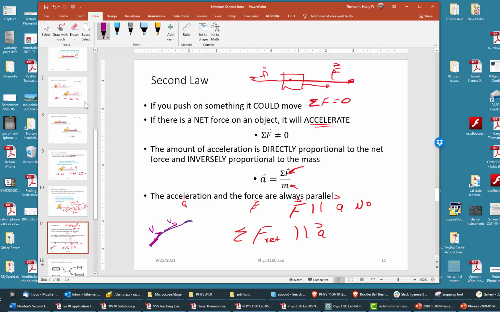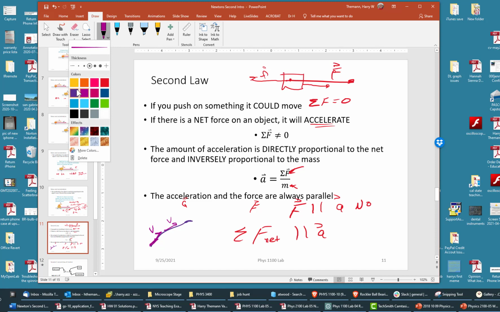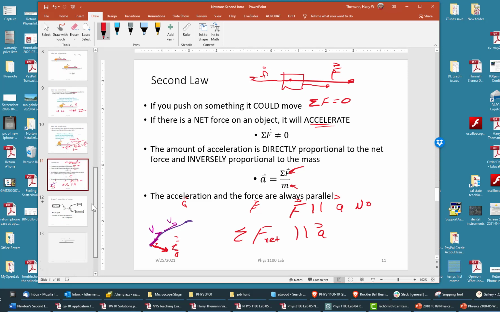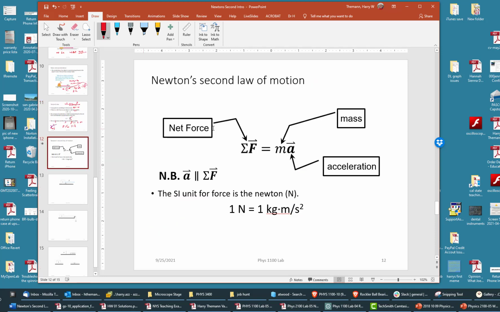So it's changing direction, so it needs to be pulled over to the right. We don't know if it's speeding up or slowing down. So at best, we're going to say this is a right angle, and that would be either the force, we need a force, right? And it's also related to the acceleration. So they're always parallel, but it's F net. So then we just spell it out.